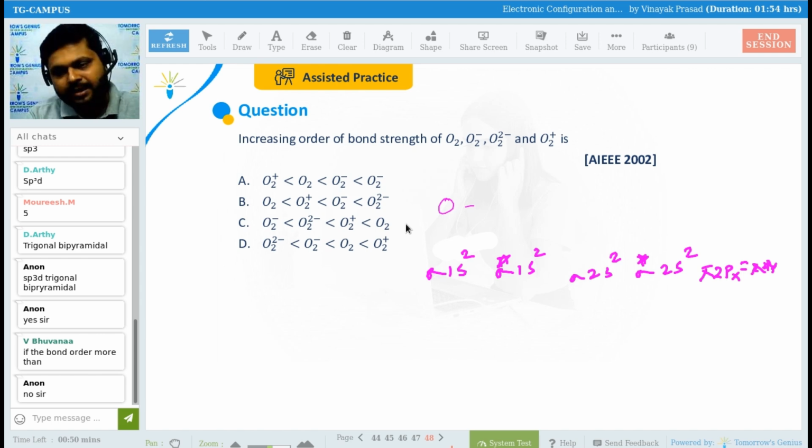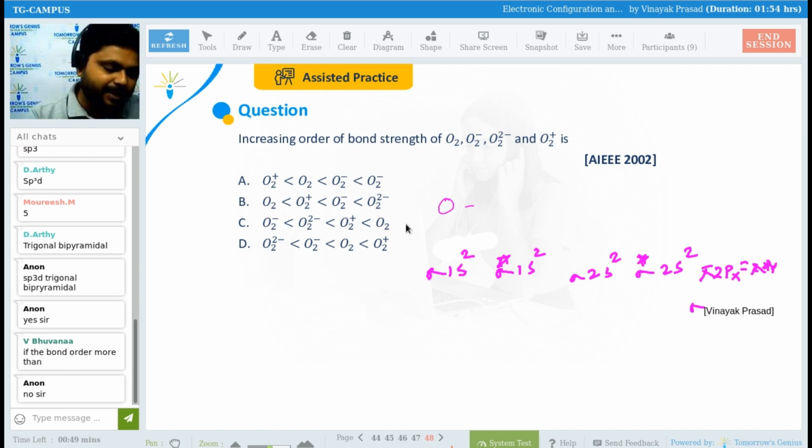Getting my point, everyone? Now, in the last you have to write sigma 2pz, and then sigma star 2pz. And in the case of pi also, pi star 2px and pi star 2py.